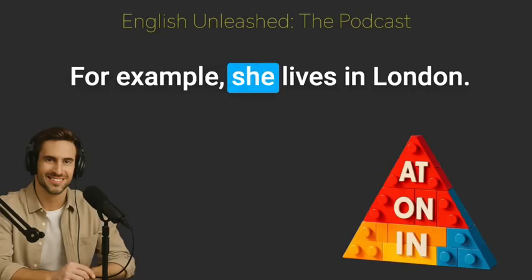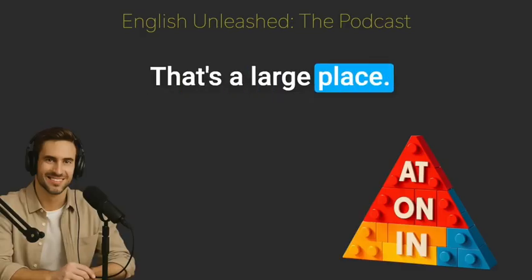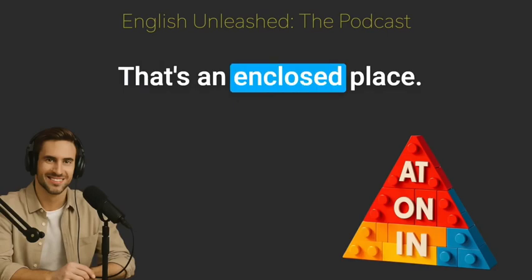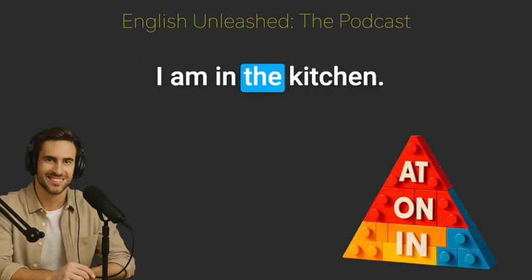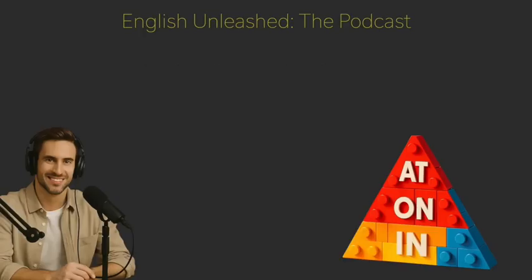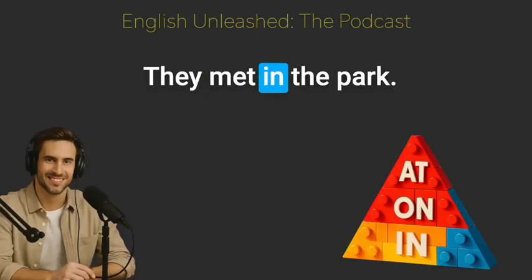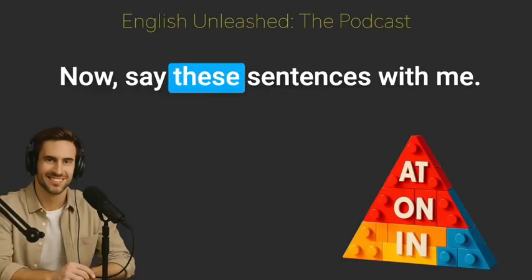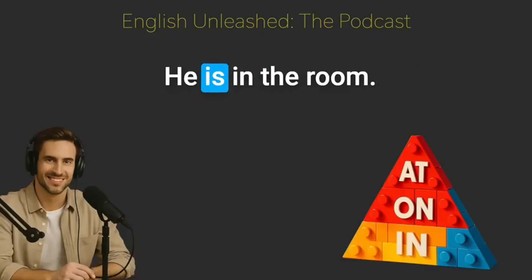For example, she lives in London. That's a large place. The milk is in the fridge. That's an enclosed place. I'm in the kitchen. He's sitting in the car. They met in the park. My phone is in my bag. Now, say these sentences with me. He is in the room.